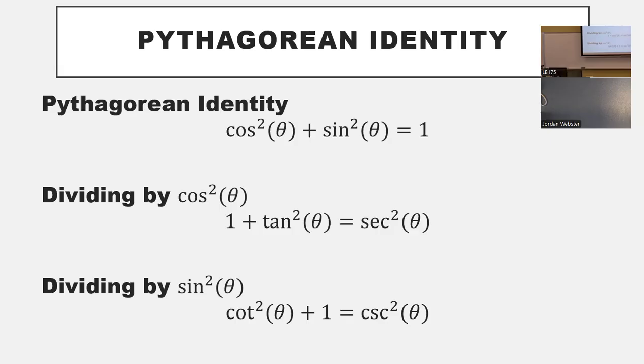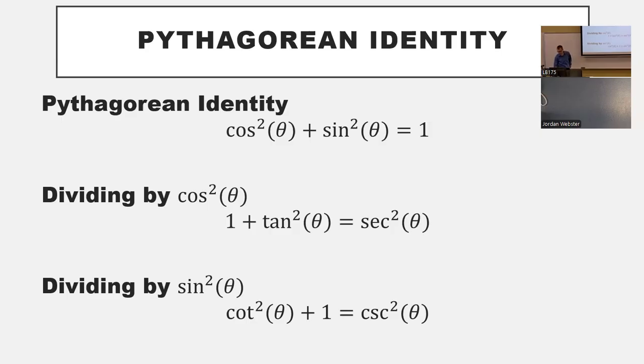Actually, you can get those in a different way too, using a different right triangle on the unit circle. Does that make sense?